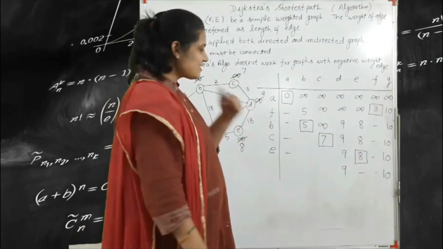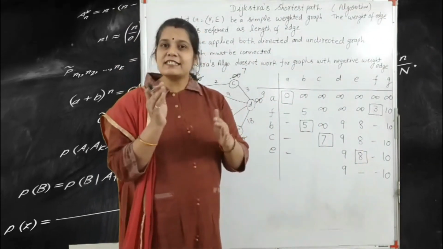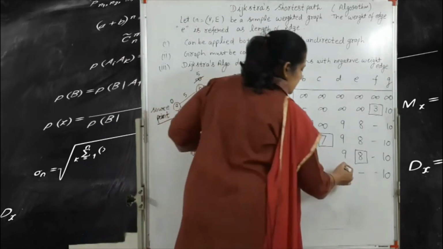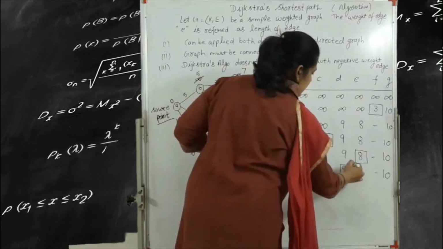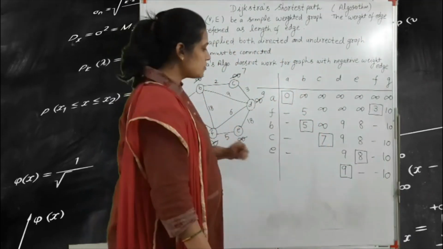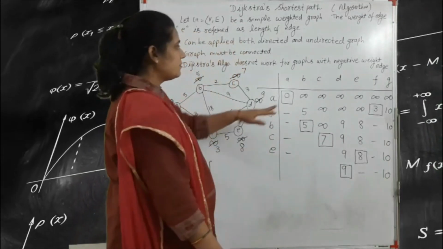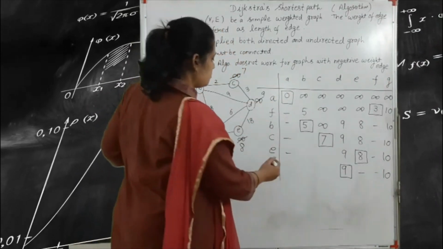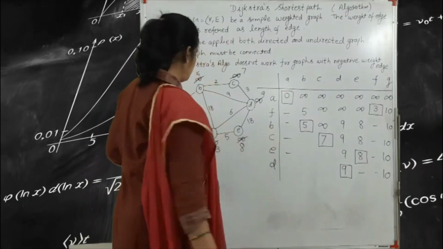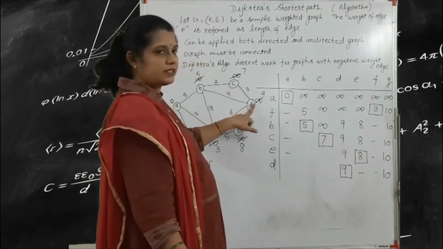Got it? Next step is what? Again we consider the minimum value. The minimum value is 9. Okay, so according to 9, we have the D. So we write here the D vertex. Where is the D vertex? D vertex is here.